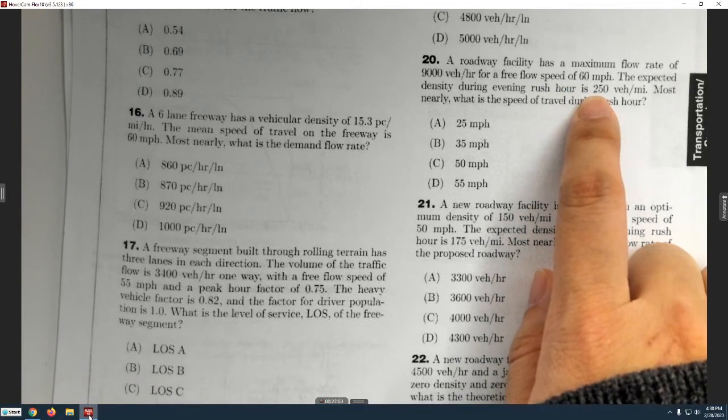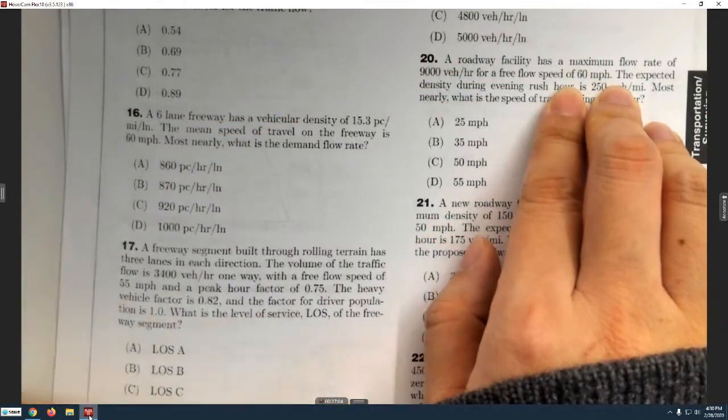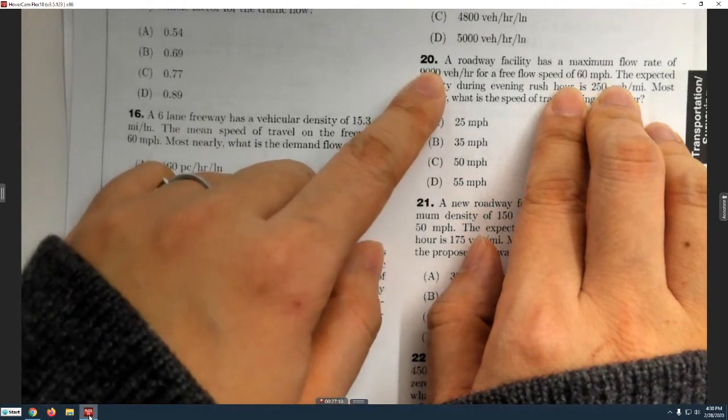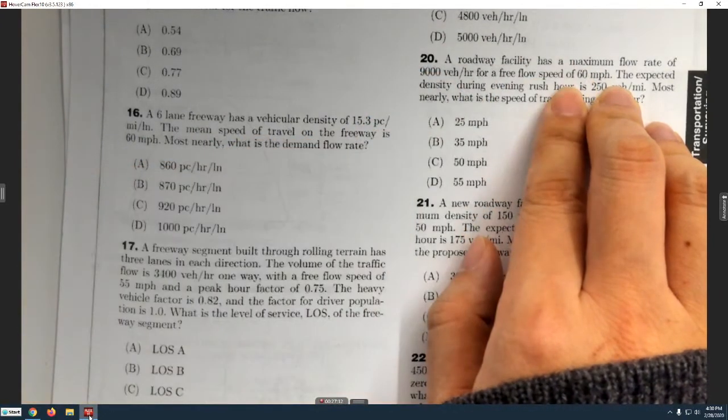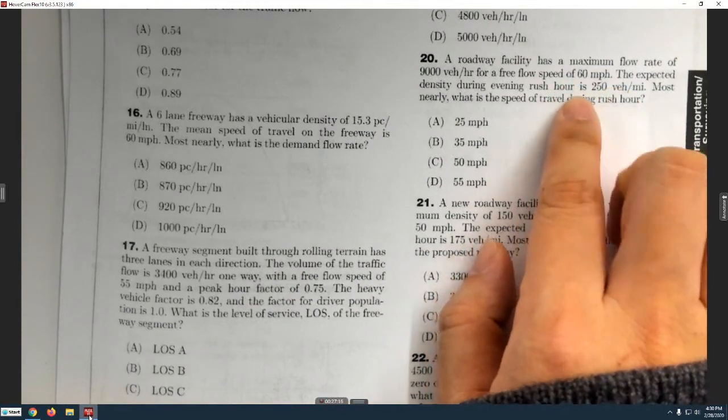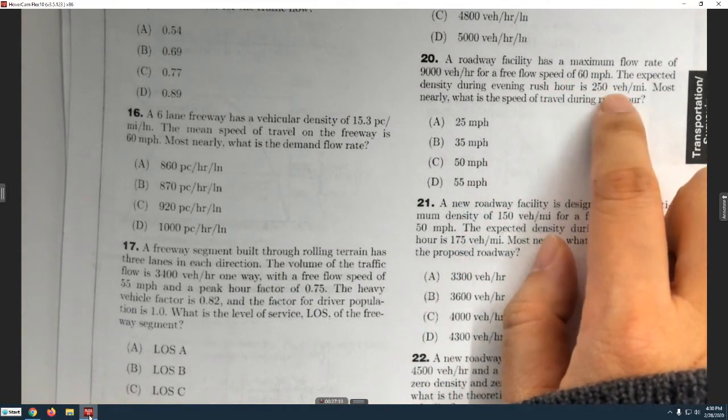So in this case, based on these two numbers, you can first calculate the jam density, right? So this multiplied by 4 divided by 60, you're going to have 600. That's your jam density.